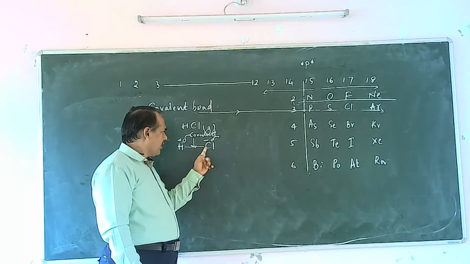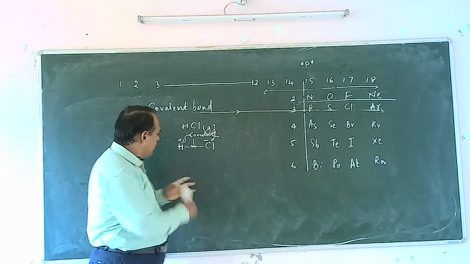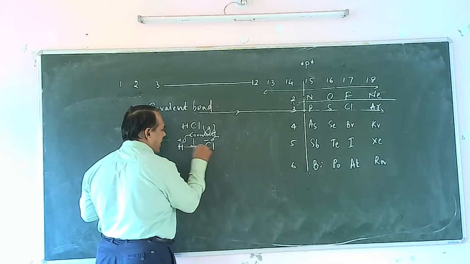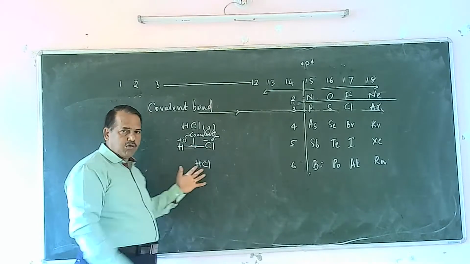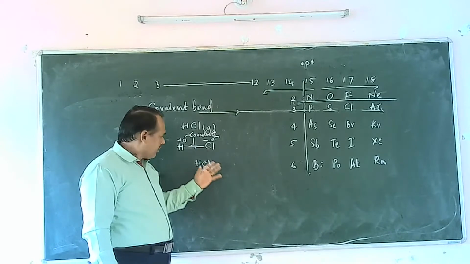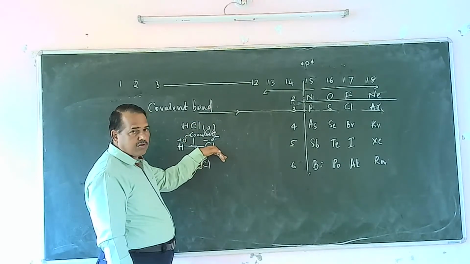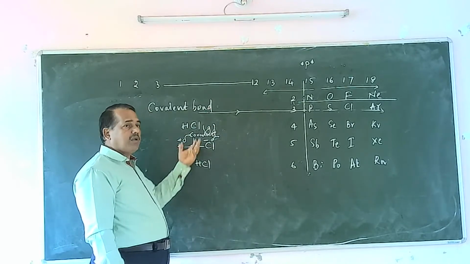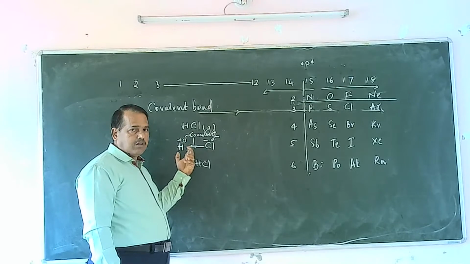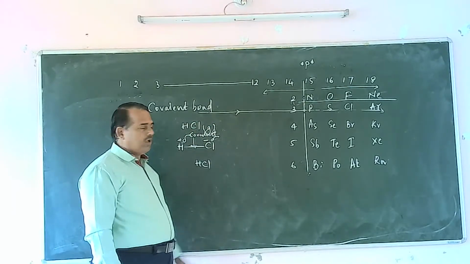See, this chlorine atom receives one electron, and the electron is shared so the molecule is stable. Therefore, whatever amount of electronegative character one element attains, the same amount of electropositive character is attained by the other element. That is the main thing. And the molecule will be neutral.